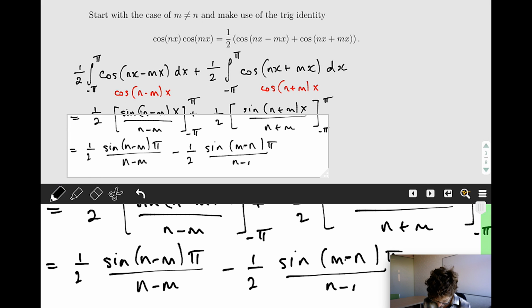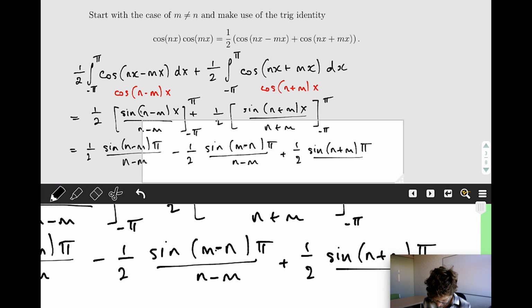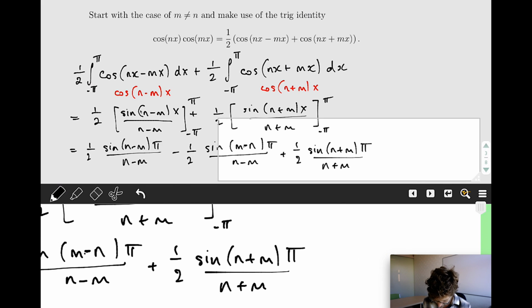Plus a half sine of n plus m pi minus a half sine of minus n plus m pi.